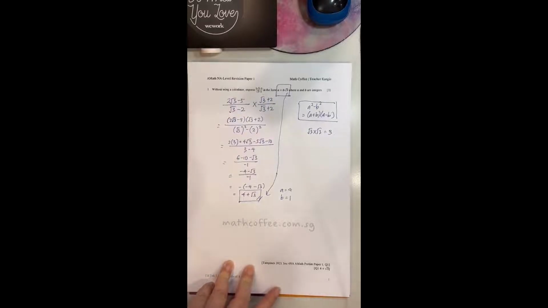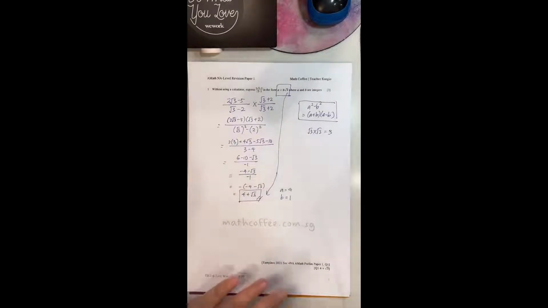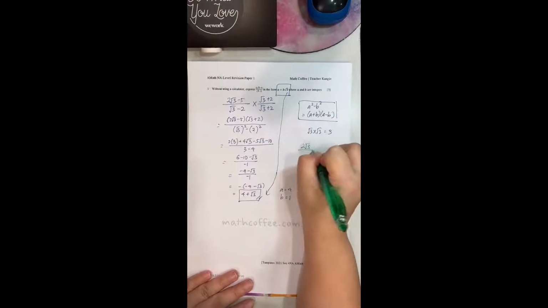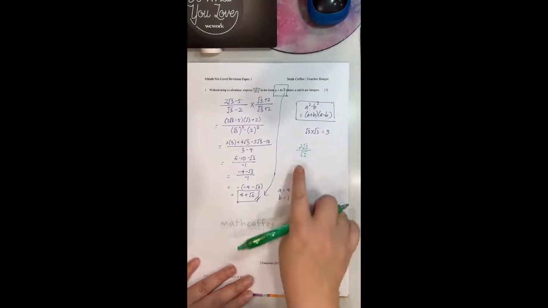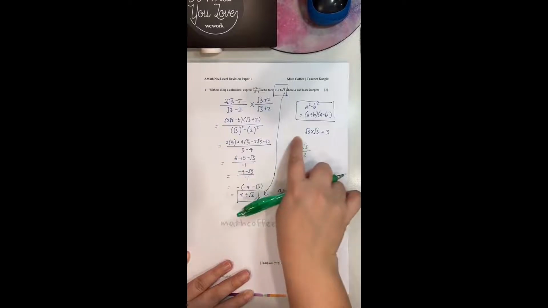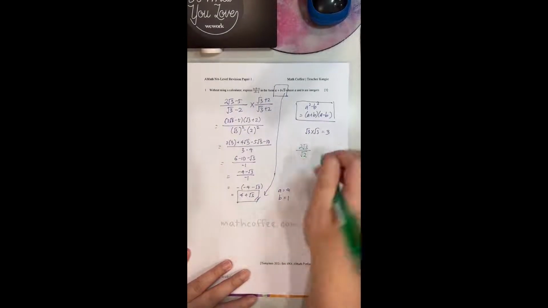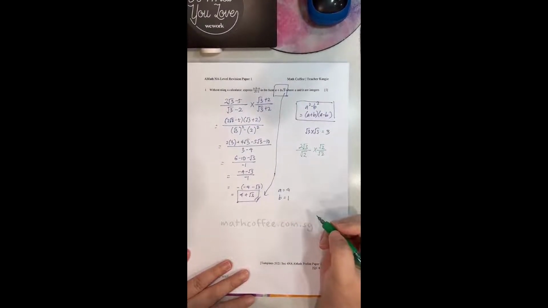Before I move on, of course, there is the simpler kind of rationalizing. For example, if I have 2 square root 3 over square root 2, to rationalize this type of question, you see the denominator is only one term. So you just multiply by square root 2 over square root 2.